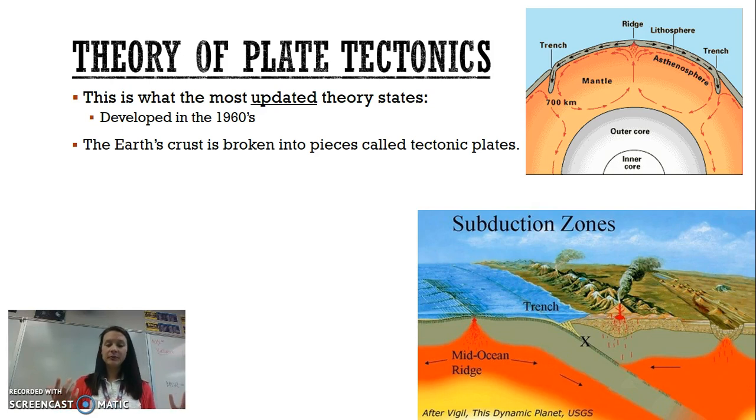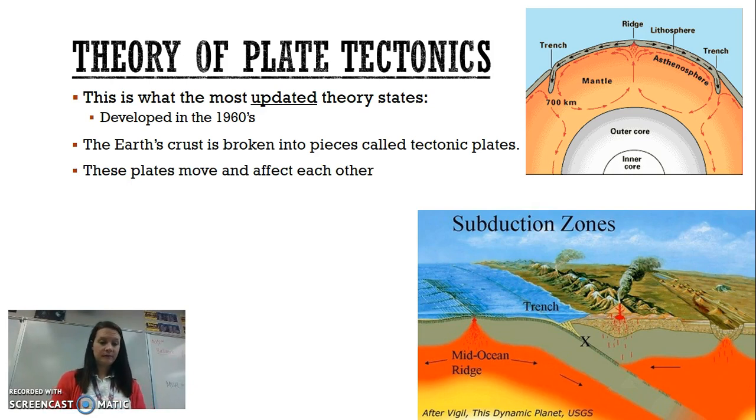These plates are pretty random. They don't have a certain size. Some of them are pretty large, some are pretty small, and they don't fit any pattern to where their boundary lines are. They go right through the ocean, and they can go right through continental crust. So it doesn't matter if it's the ocean or the continental land. It can be anywhere.